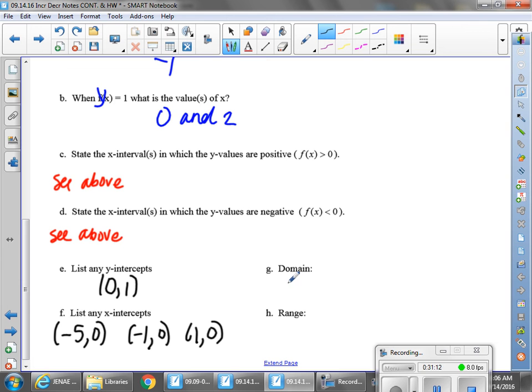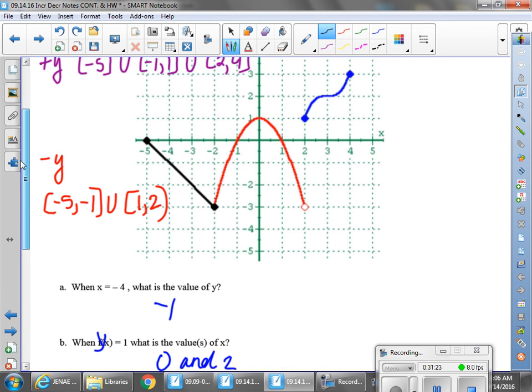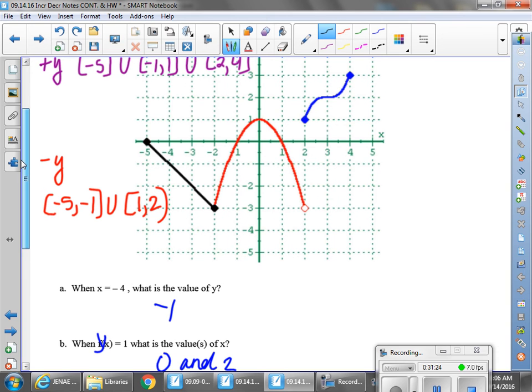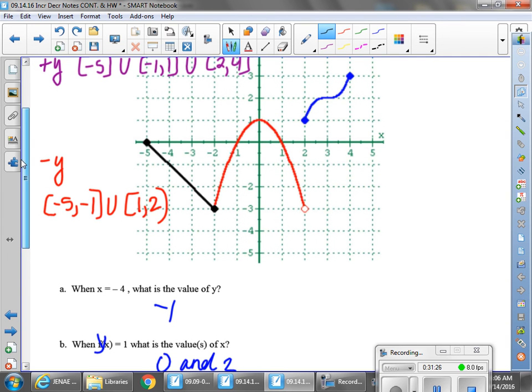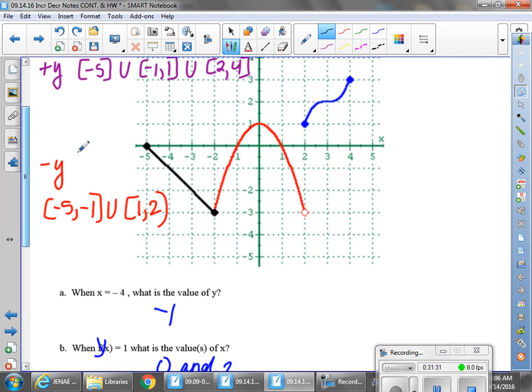Say that louder for me. -5 to 3? But I think you're just off by 1. When I come in from the right side, where am I? 4. So let's change that 3 to a 4.